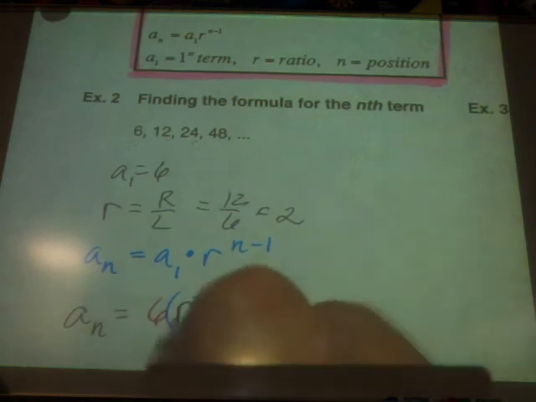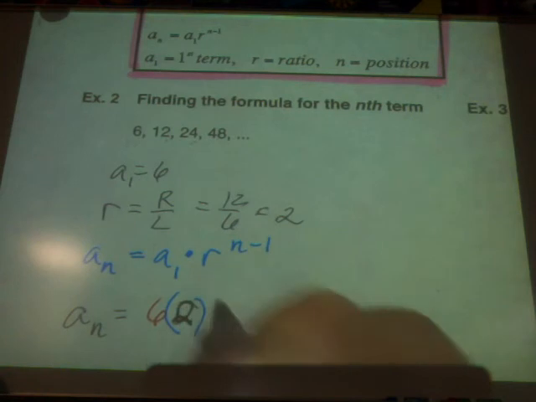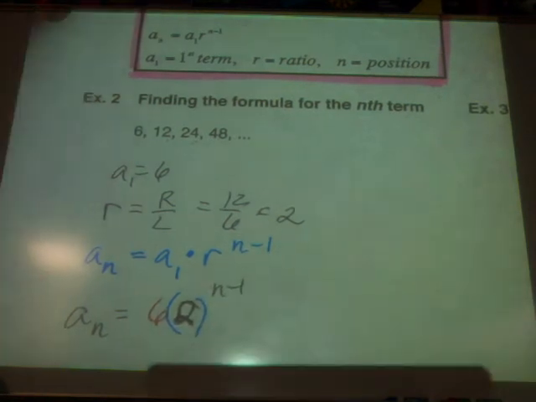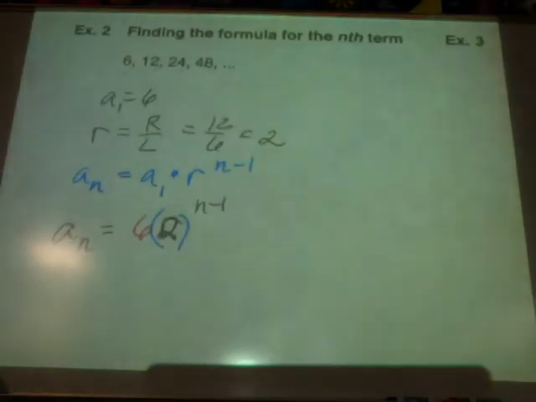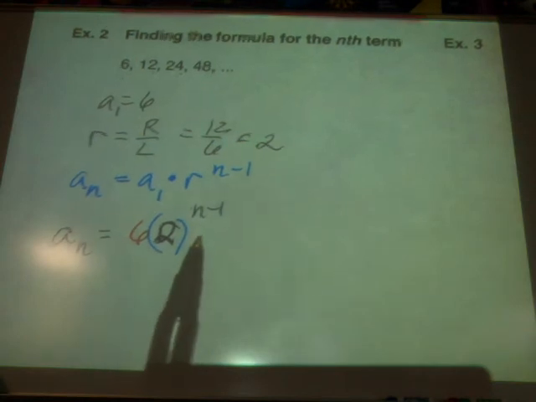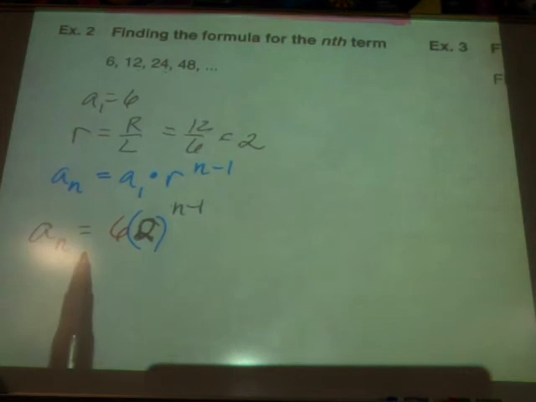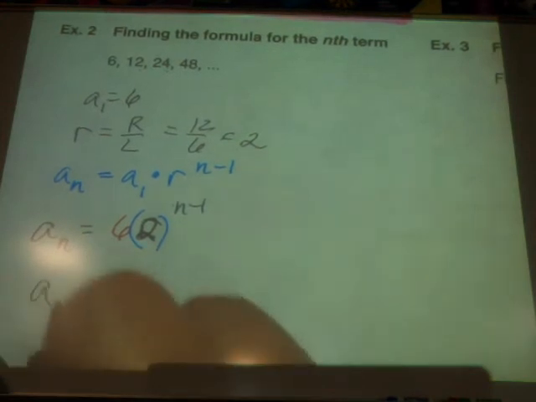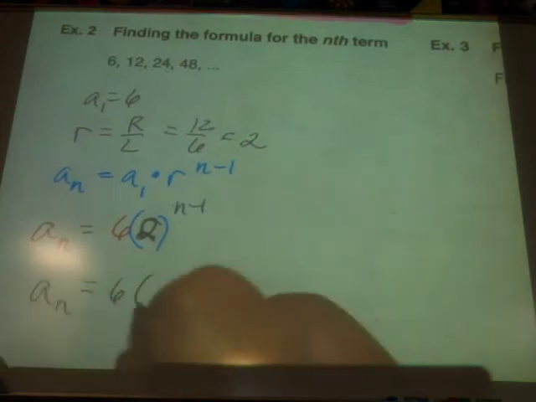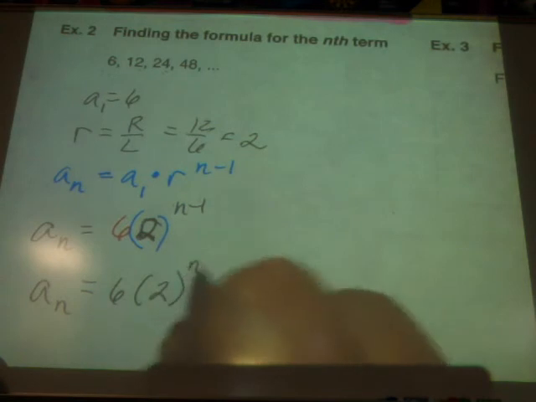We know our r is 2, don't we? To the n minus 1. Why would I use parentheses? I want to make sure that the reader of this formula understands that it's just the 2 that is being raised to the n minus 1, not the 6. Right? So my final answer would look like a sub n is equal to 6, parentheses 2 to the n minus 1.